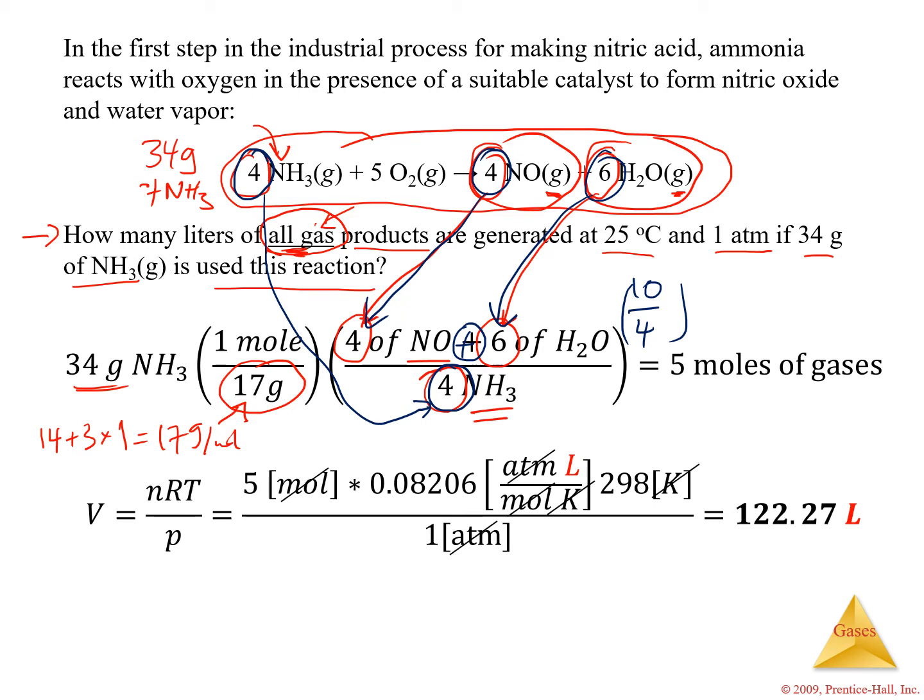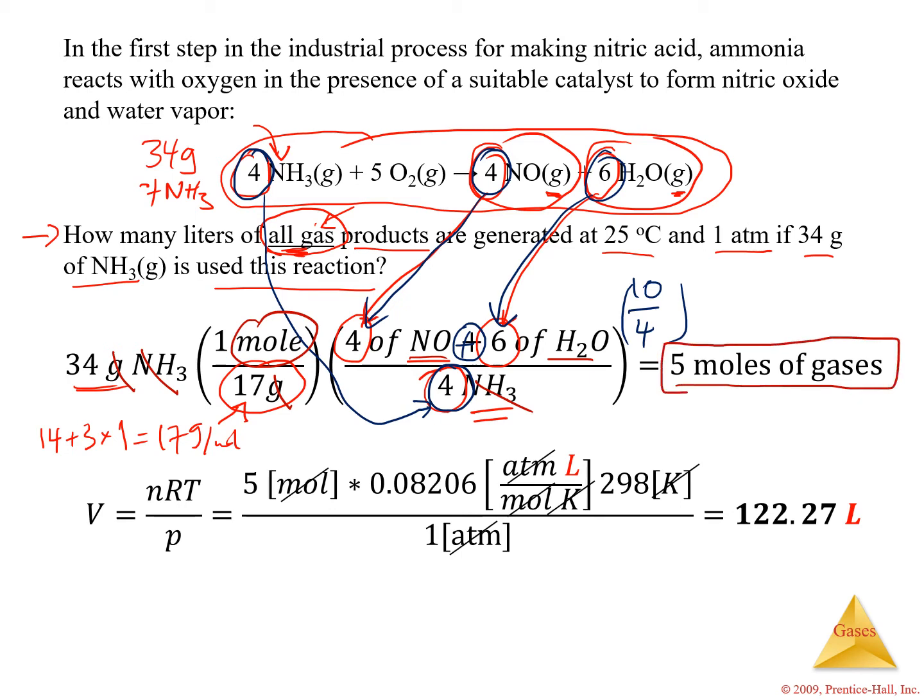So if I do this, we can see cancellation of units if you want. This is grams, grams, ammonia, ammonia, and then you can say that this is moles of all gases, both NO and H2O. So this is altogether 5 moles of gases.